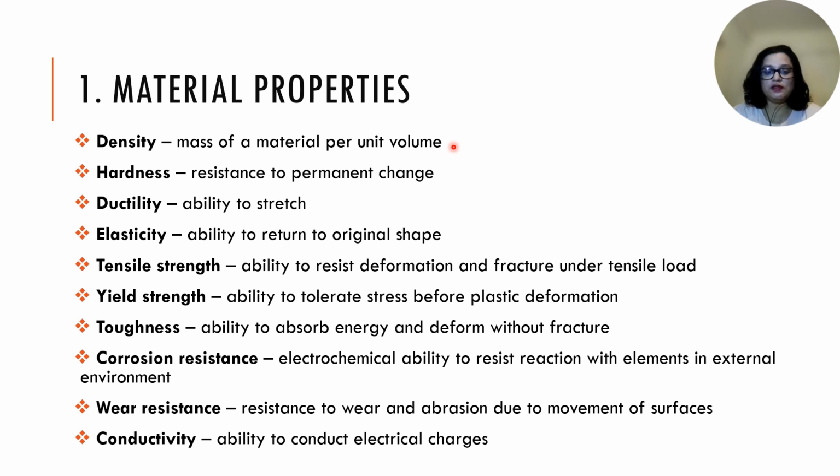This conductivity property is now becoming more and more critical because there has been a huge impact of corrosion on electronics as well. So when you are selecting material for electronics, you need to have a good balance between conductivity as well as the corrosion resistance. So this is a short list of the properties you should remember.